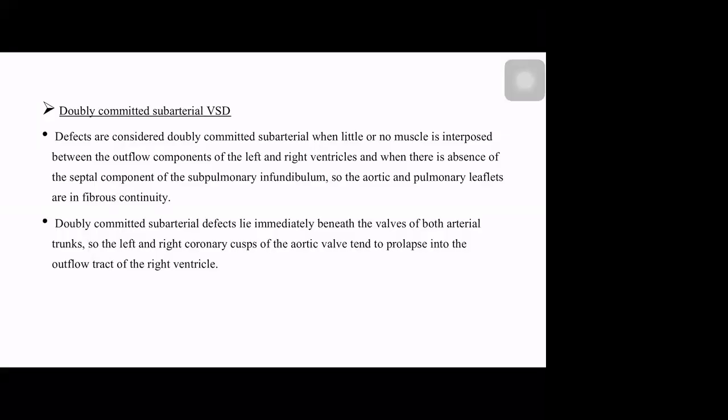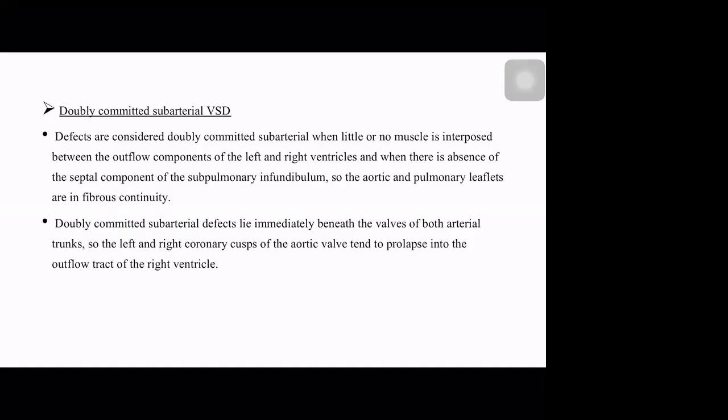So both the aortic and the pulmonary leaflets are directly related in fibrous continuity, and they are directly related to the VSD. The doubly committed subarterial defect lies immediately beneath both the aortic and the pulmonary valves.